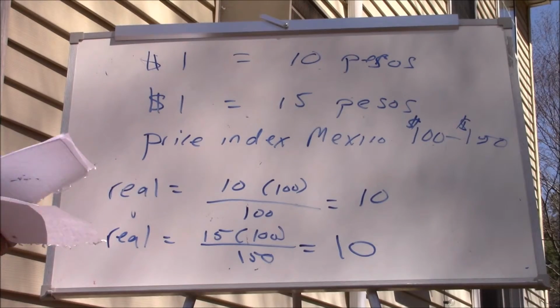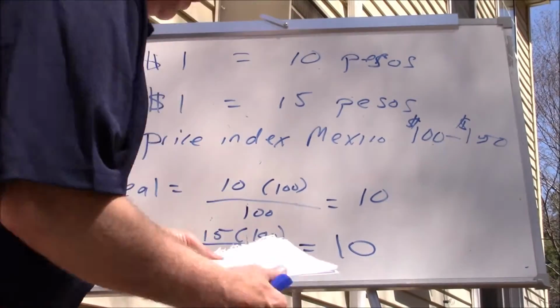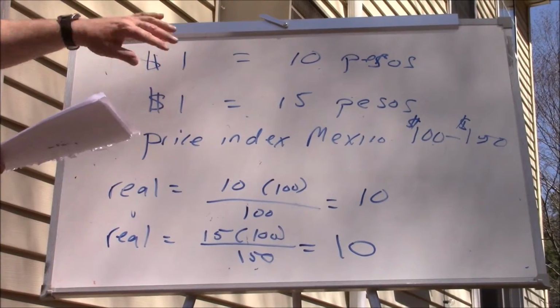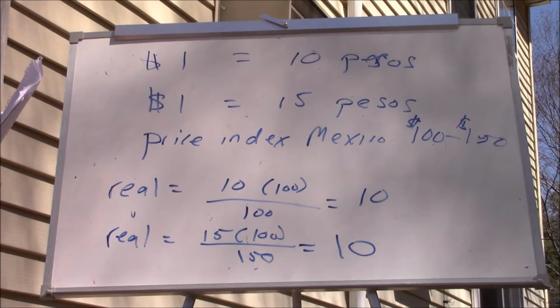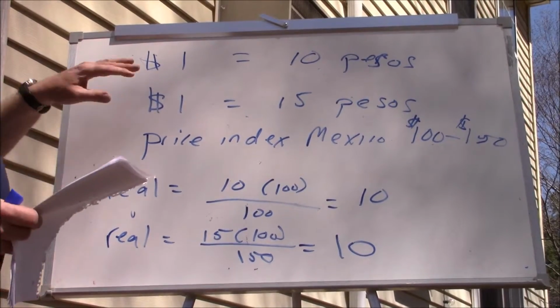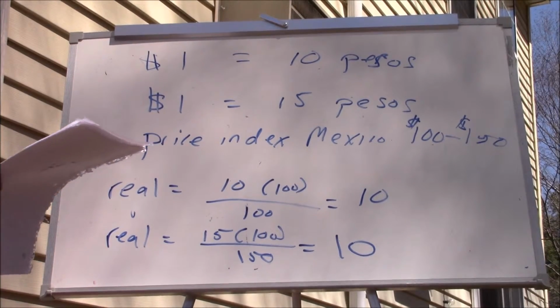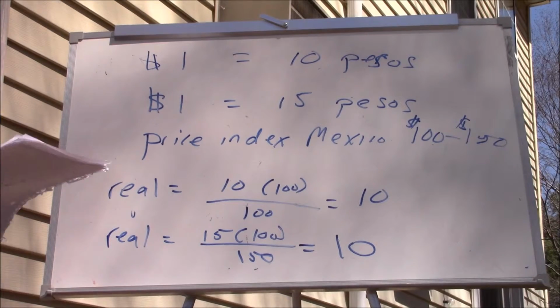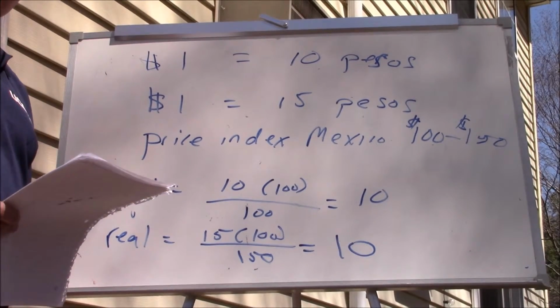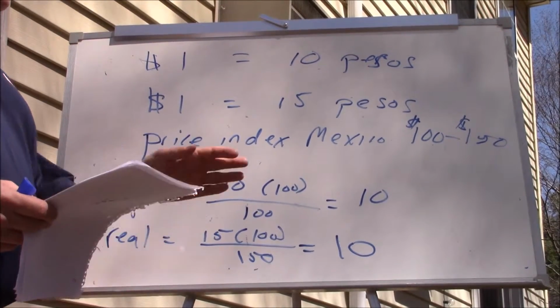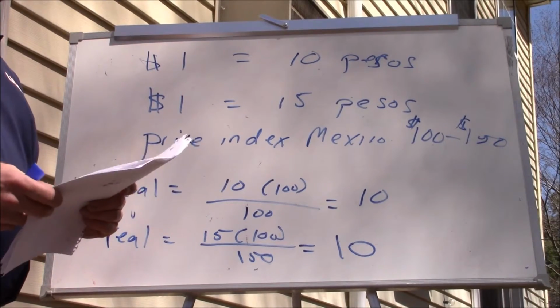So let's say that a hotel room initially cost 1,000 pesos. That would have been $100 a night. So a traveler from the United States who wanted to go stay in Mexico, back when it was 10 pesos to the dollar, and the cost of a hotel room was 1,000 pesos a night, it would cost them $100.